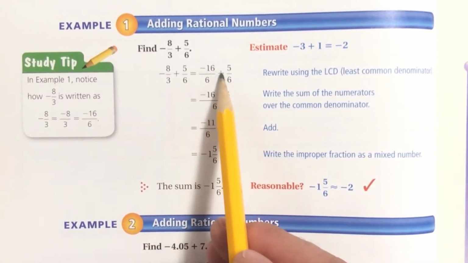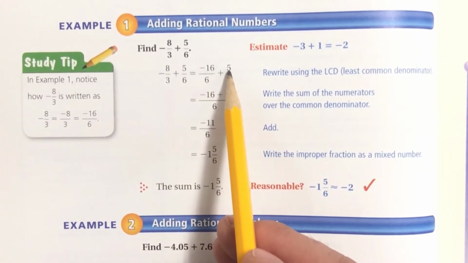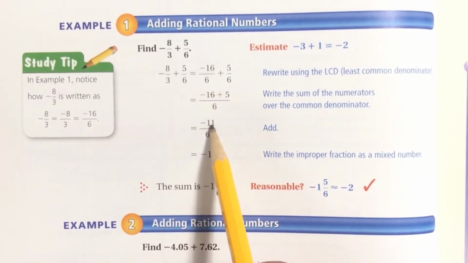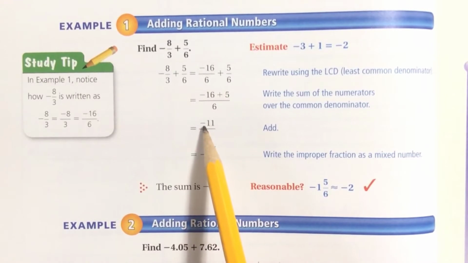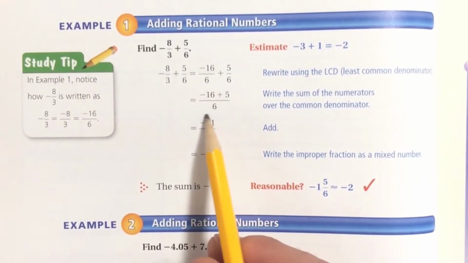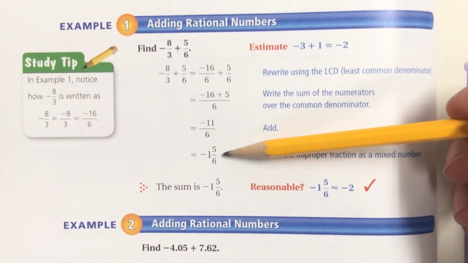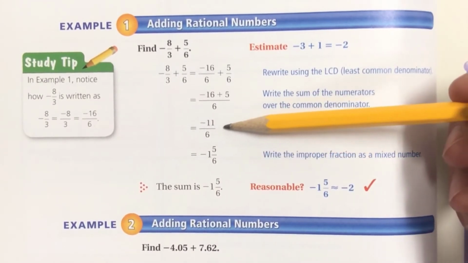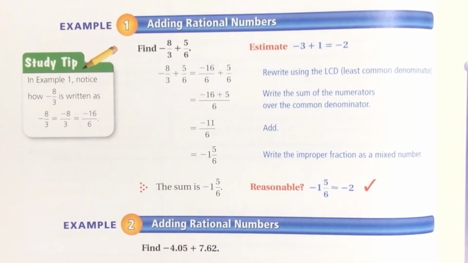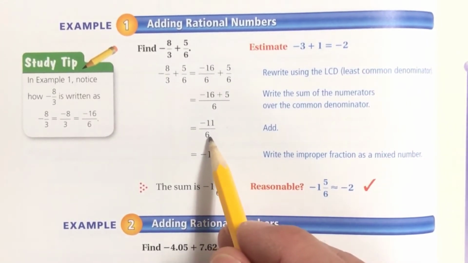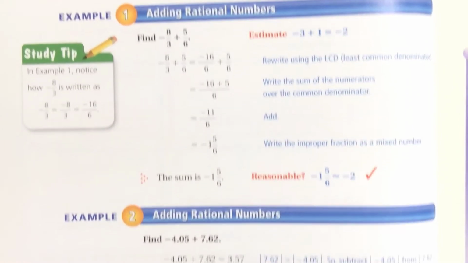Negative 16 plus 5. Different sign, subtract. So they got 11. Keep it negative because the larger of the number parts was negative. Negative 11 sixths. They, in the book, said to go to a mixed number, but keeping it an improper fraction, as long as it is in simplest form, is okay. So I would have left it negative 11 sixths.